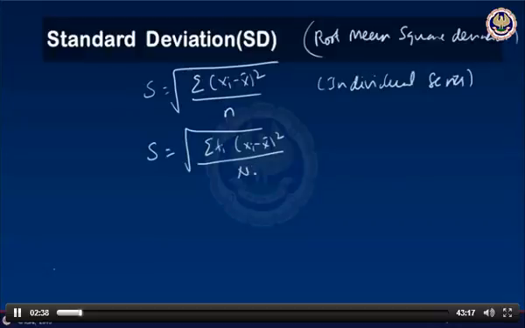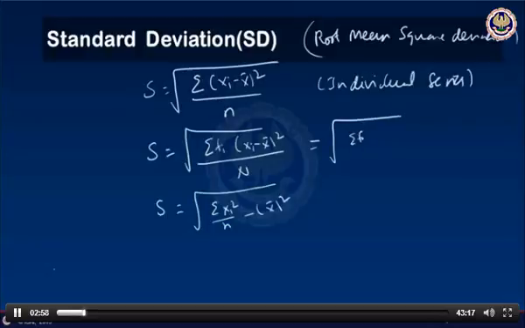Now this can be written in a simpler format as follows: s equal to square root of summation of xi square by n minus x bar whole square, and further this can be written as summation of fi xi square by capital N, this is capital N, minus x bar whole square. This is for the grouped frequency distribution.